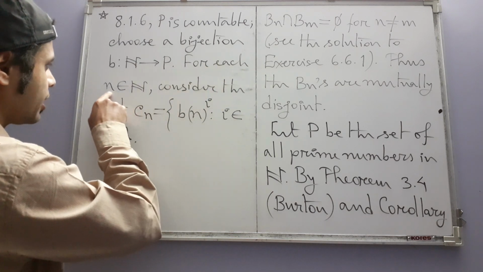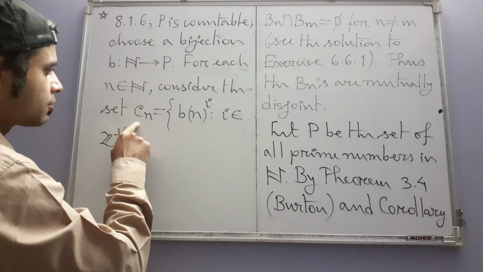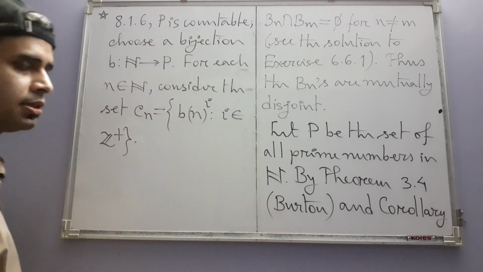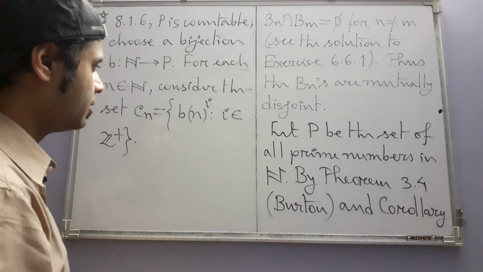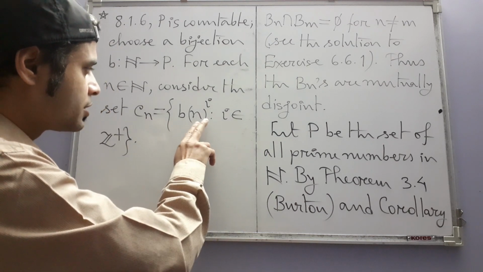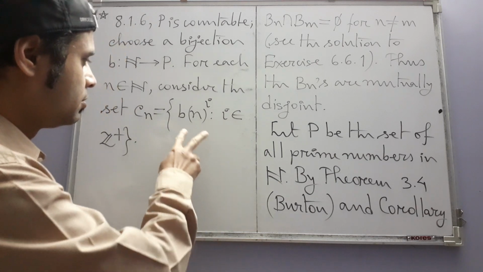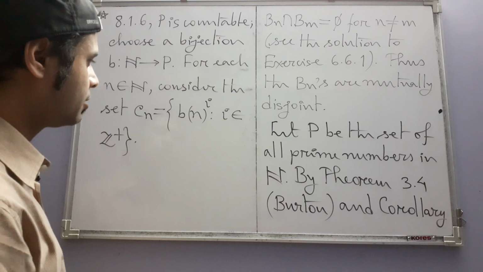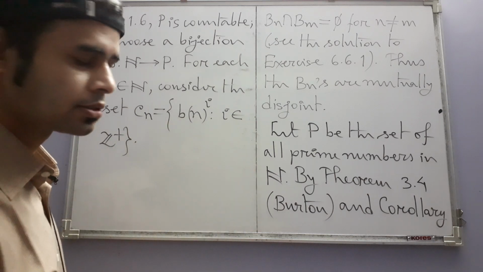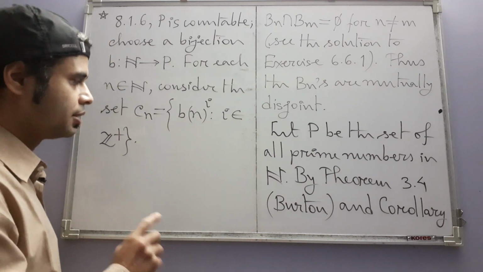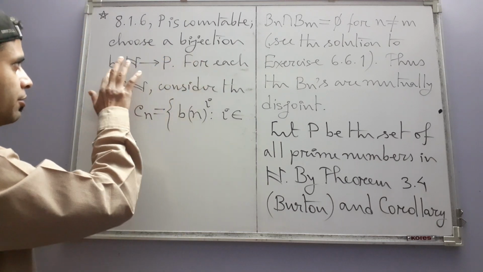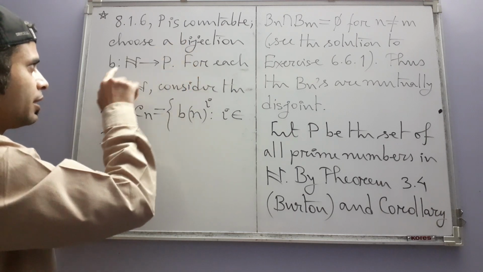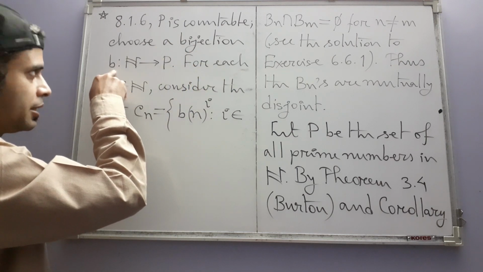Simultaneously, for each natural number n, we are considering the set Cn. What are the elements in Cn? The elements in Cn are positive integral powers of B of n, and these B of n are nothing but the prime numbers. B of 0 is the, we don't really know in what order these primes will appear. That will be determined by this bijection B.